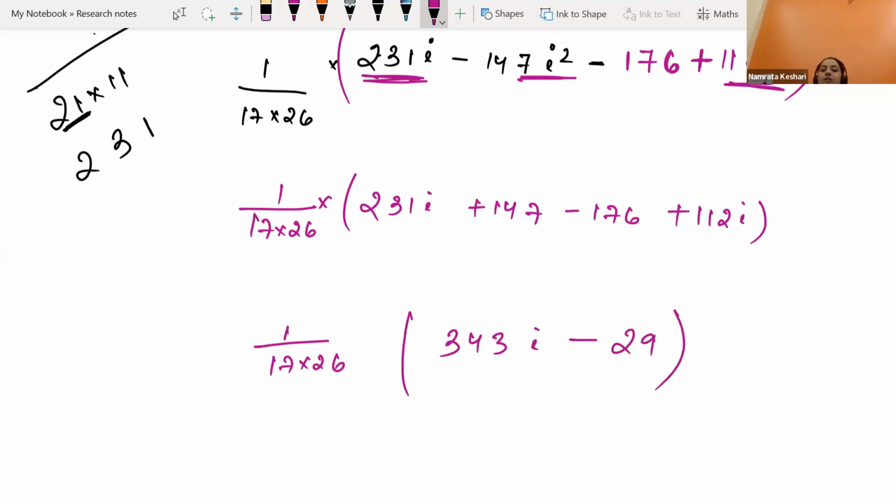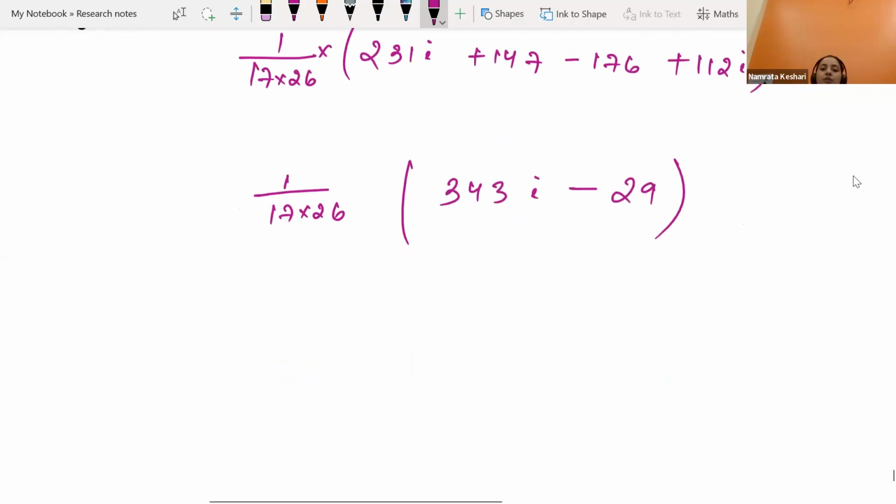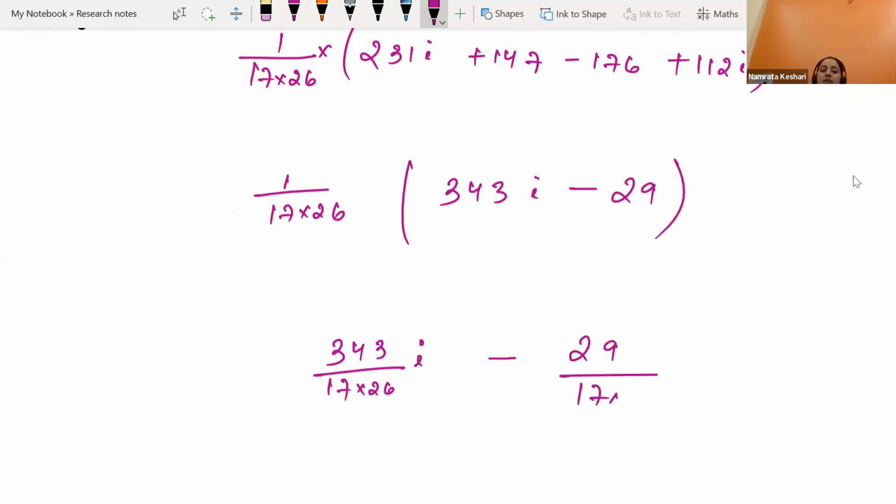If we want to write it in the form of a plus ib, check whether anything is possible to take out as a common factor. No, no. Okay, so we will just distribute this denominator. We can write it as 343 by 17 into 26 i minus 29 by 17 into 26.